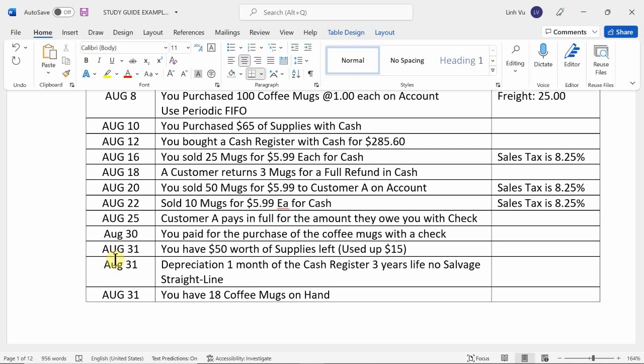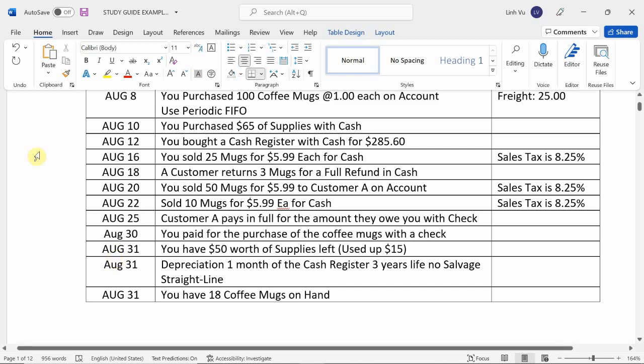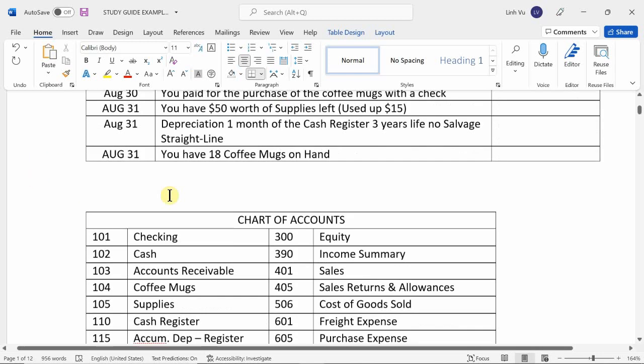So in this case, you sold an additional 10 coffee mugs, okay, for $5.99 each for cash, and you charge sales tax of 8.25%. So then you have to record another sales.